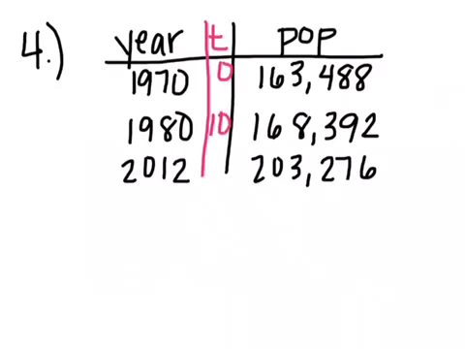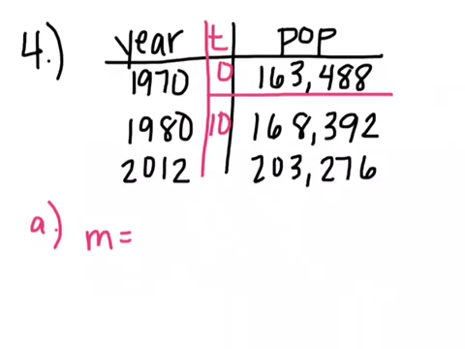Those are really the only two values we need if we're going to write an equation. Because the first thing we want to do, always, if we're going to write an equation, is find slope. Slope is going to be our rate of population increase in this situation. That's what slope is going to represent. So our 2 points are going to be 0, 163,488.